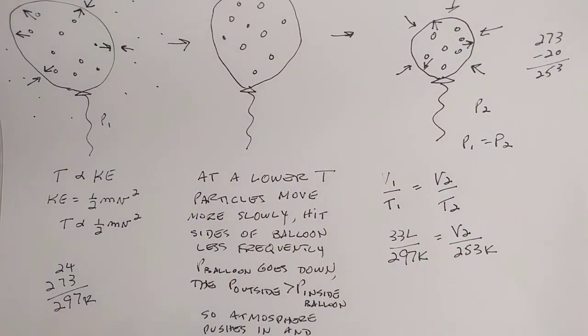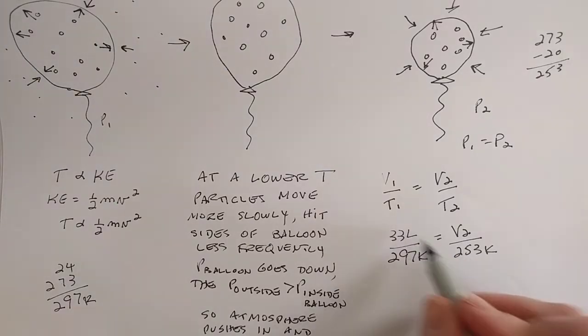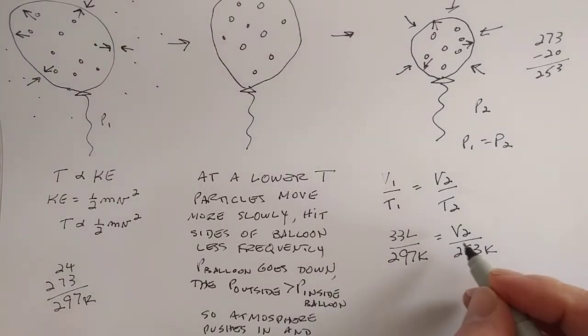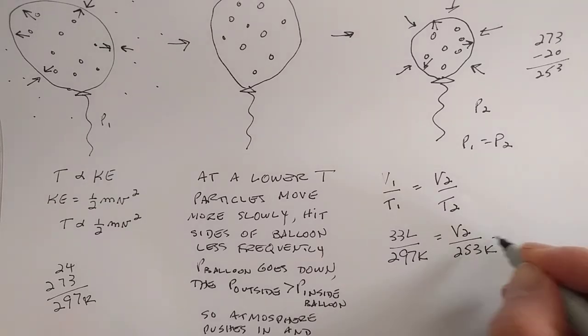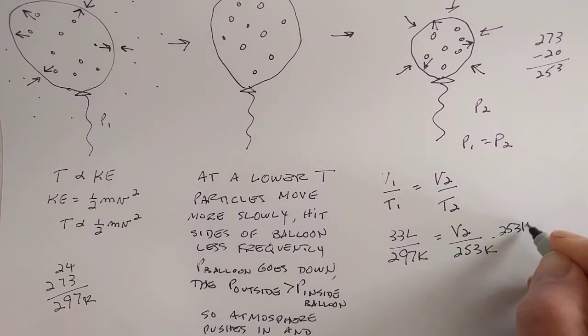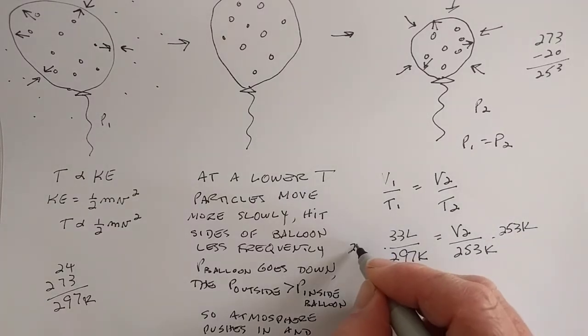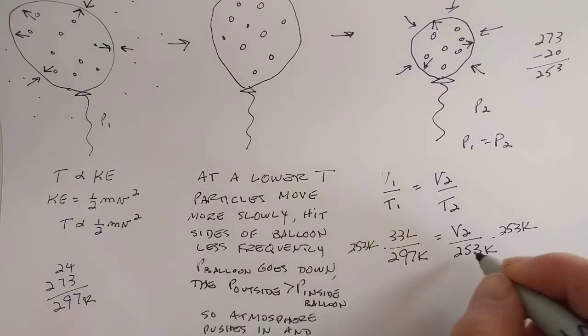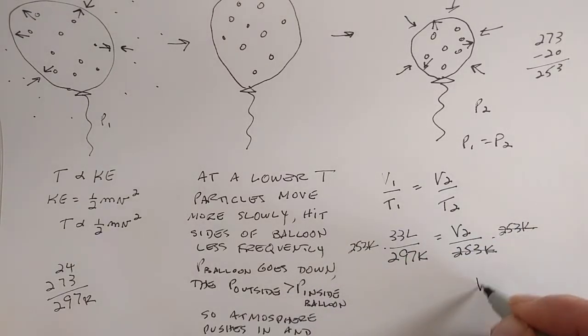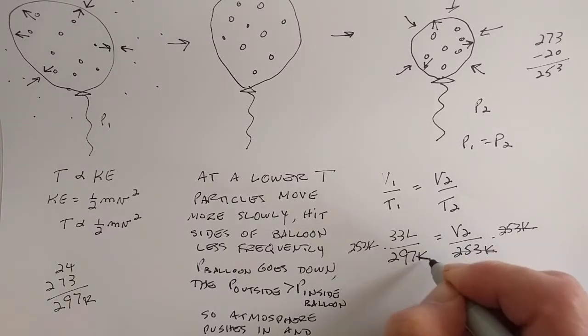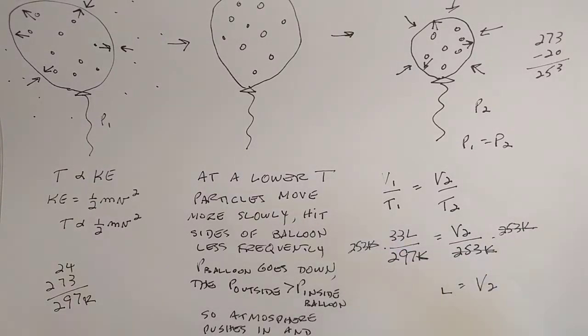Okay, so let's do that on our calculator. You can cross multiply, or you can just multiply each side by 253 K to get rid of this, because we need to get V2 by itself. Kelvin cancels Kelvin. Our unit is liters.